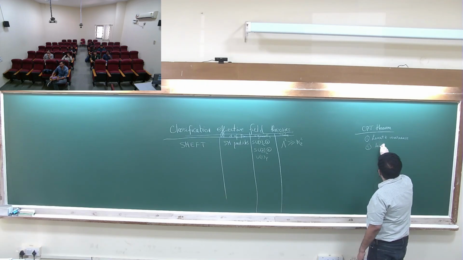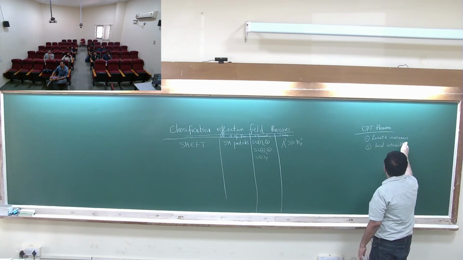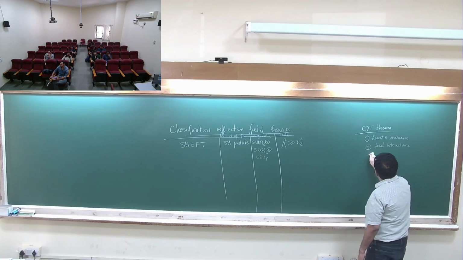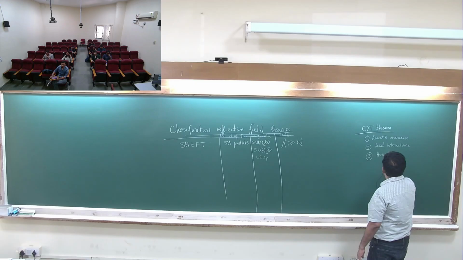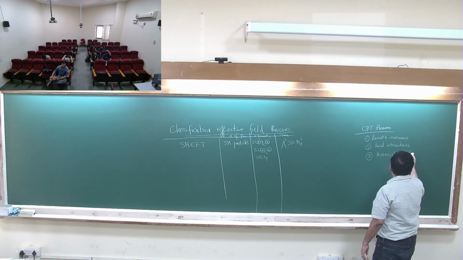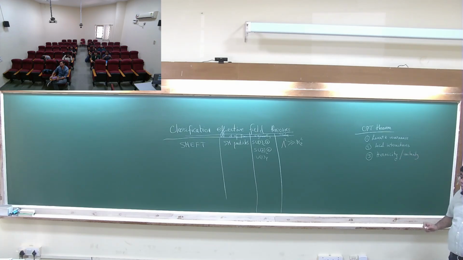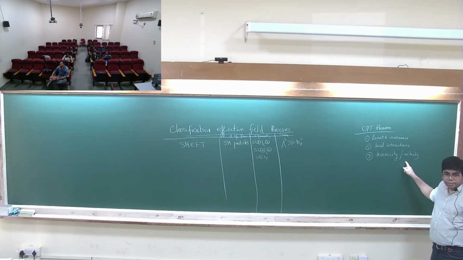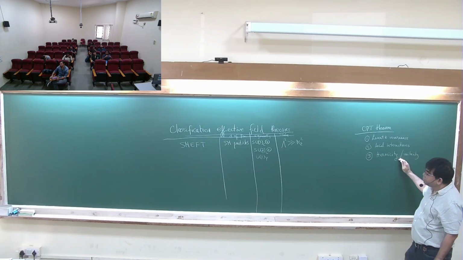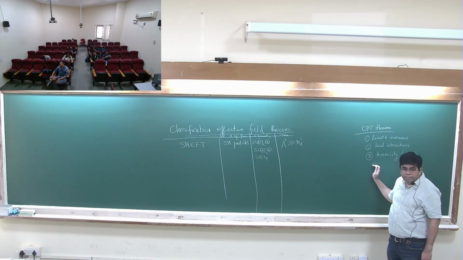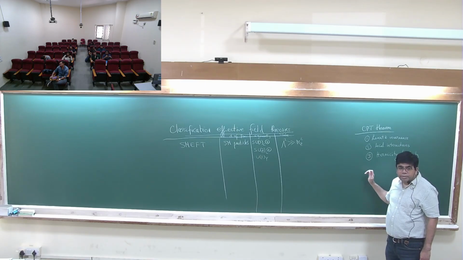Local interactions. And the third one is called hermiticity. Hermiticity meaning the Lagrangian need be Hermitian. If you make these three assumptions in any quantum field theory, it tells you that it is CPT invariant.